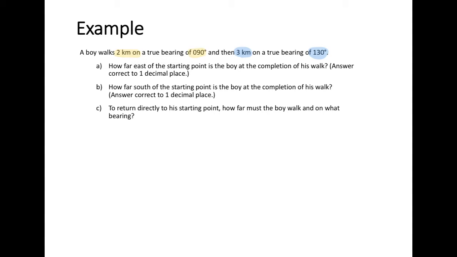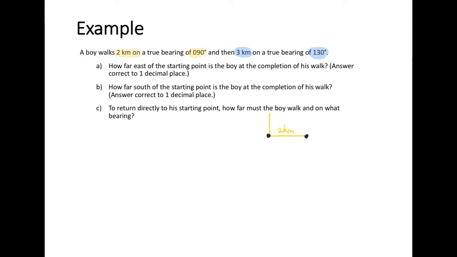So we have a starting point of our boy, and he's going to walk 90 degrees north. So before I can calculate his walk, I need to add in a guideline. So that is going to be up there, and 90 degrees north is going to be straight on a right angle, and that is going to be for 2 kilometers.